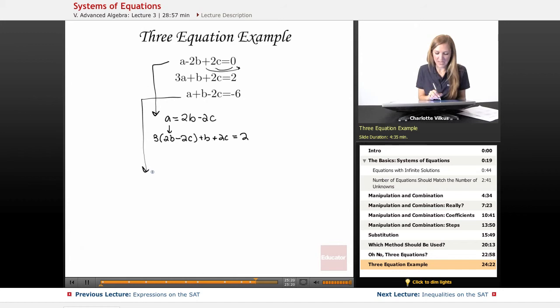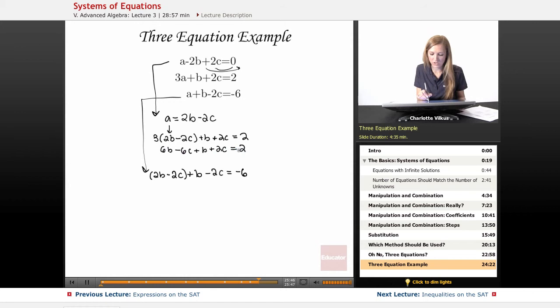For that one we have a, which we're going to put in 2b minus 2c for, plus b minus 2c is equal to -6. Then we want to simplify both of these equations, and here I'm going to have 6b minus 6c plus b plus 2c equals 2.